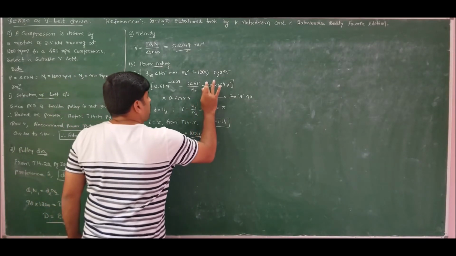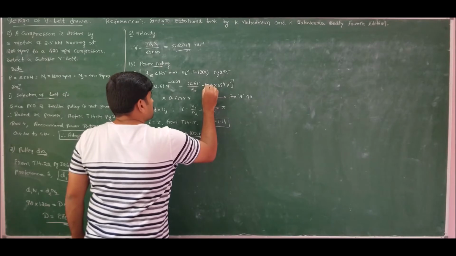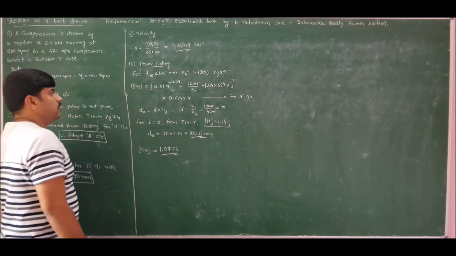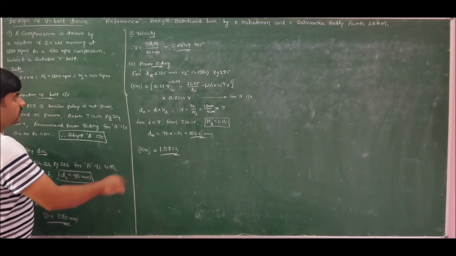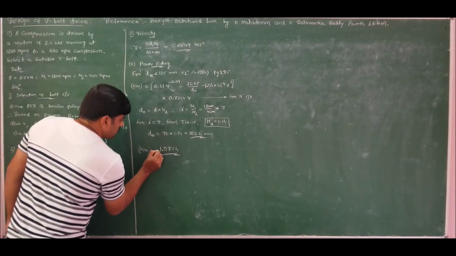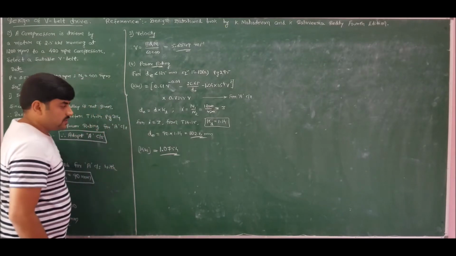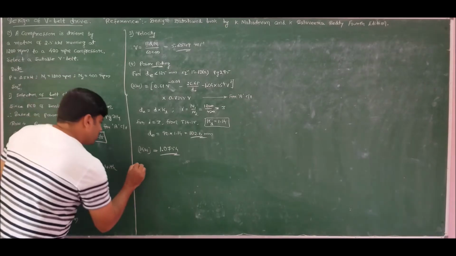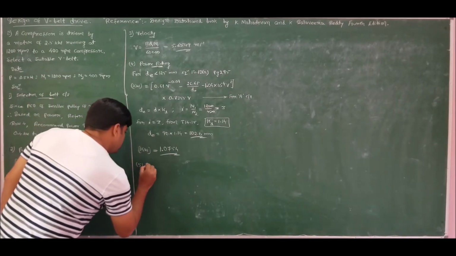So this is 1.04, that is 10 to the power of minus 4 v square. So we have calculated the maximum power that can be transmitted by one V belt of A cross section, which is 1.0754 kilowatts.